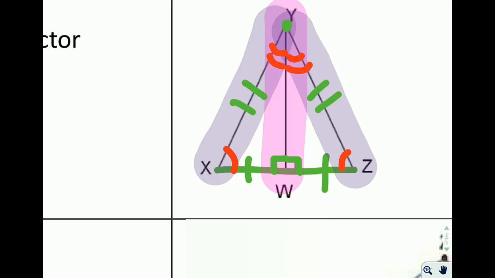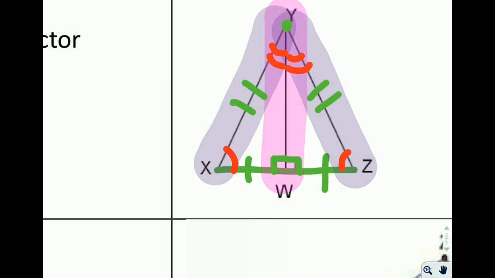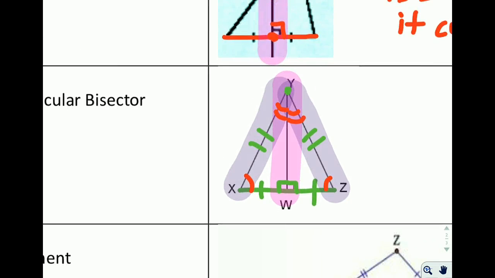Pretty crazy. So what I would say, instead of trying to memorize all of the separate things that are true about perpendicular bisectors, is that whenever you have a perpendicular bisector and you form two triangles like this, the midline here, the bisector itself, forms a mirror. Everything that's true over here is the same over here. The angle over here, angle over here, side over here, side over here.